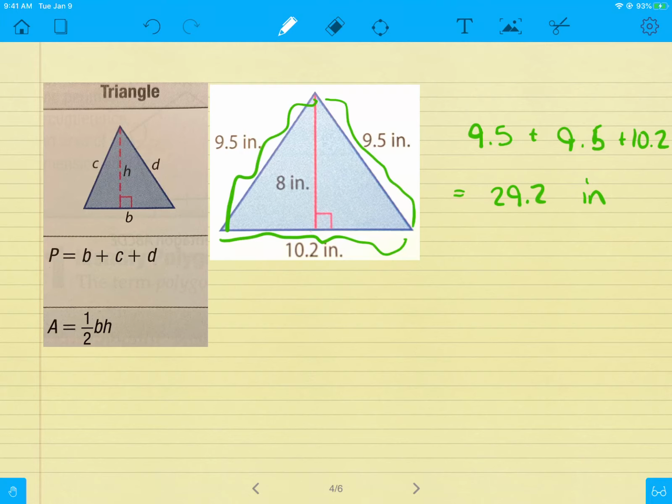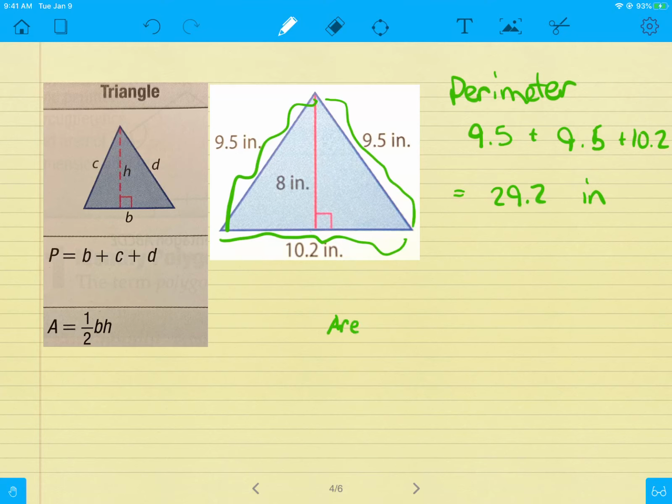And again, if you're on my Google form later, you just type in 29.2 and you don't need to put in a label on it. Okay, now that's for the perimeter of this object. It's the distance around it. That's the fence line.